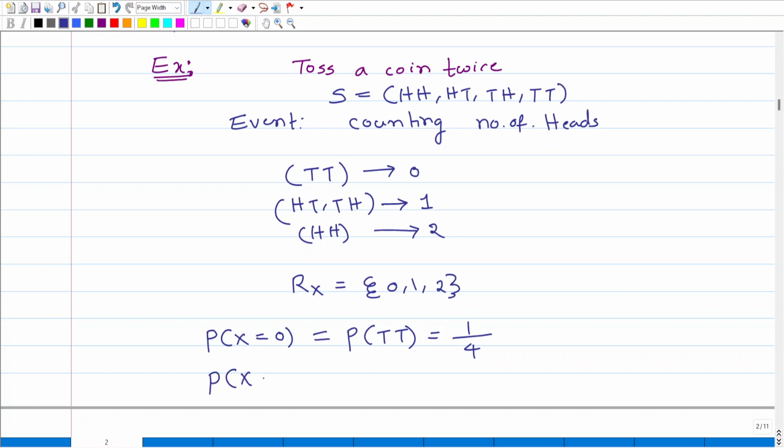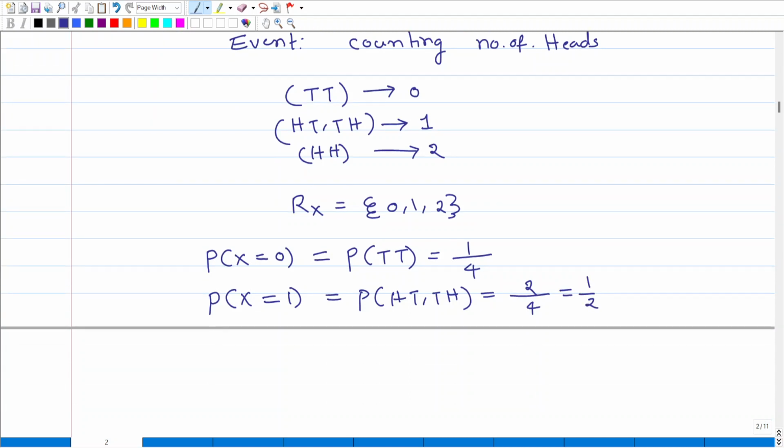Next, probability of x equals 1 is nothing but probability of heads and tail, and tail and heads. So out of 4 outcomes, 2 are favorable. So the probability mass function at x equals 1 is 1 by 2.